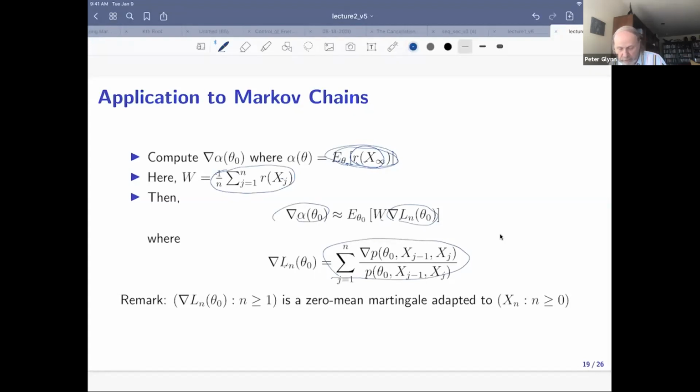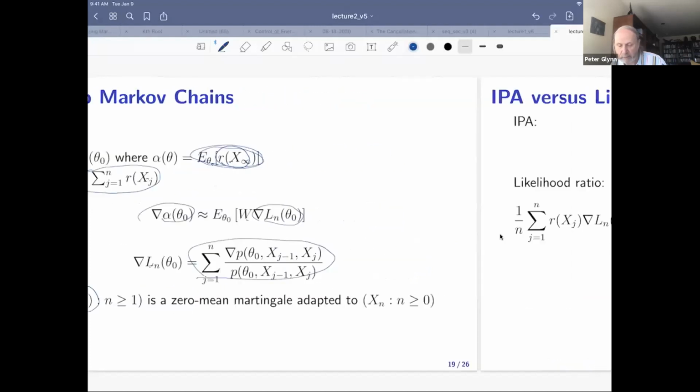And again, there's a very nice thing that we observe in this setting because the likelihood ratio itself is a martingale. It turns out it's a mean one martingale. The gradient of the likelihood ratio turns out to be another martingale, and this thing actually has mean zero. So the fact that this thing is a mean zero martingale, by the way, is suggesting, based on our discussion earlier, that this thing can be used as a control variable. So we'll come back to that in a moment.